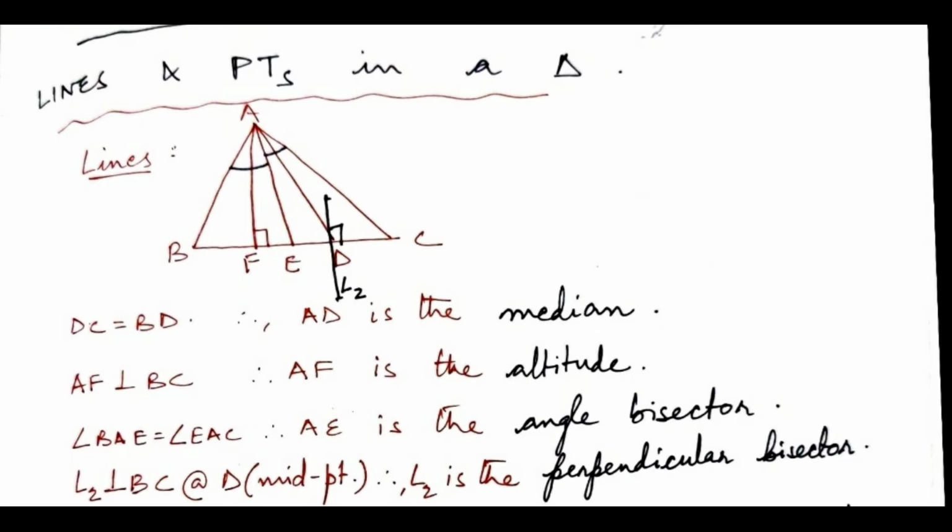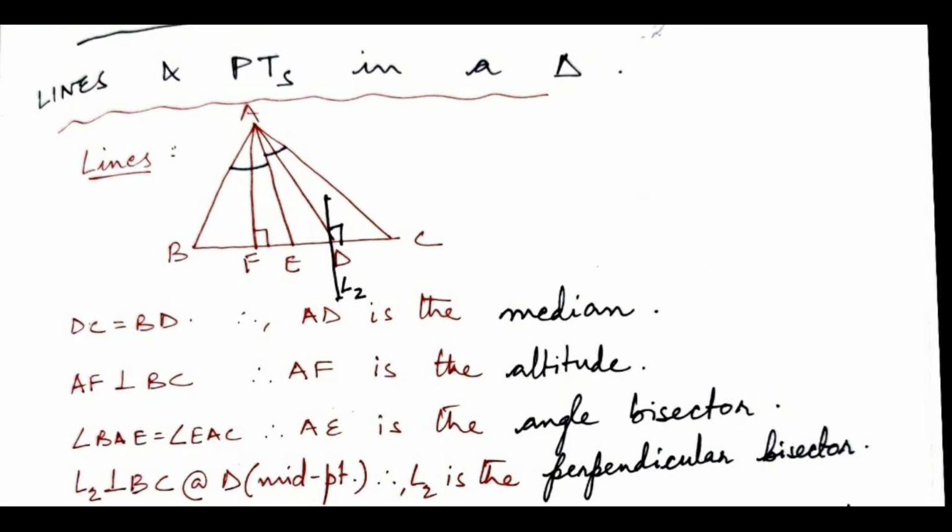The angle bisector will bisect an internal angle of a triangle. It need not pass through the midpoint of the opposite side, need not be perpendicular to it. The perpendicular bisector is the perpendicular line passing through the midpoint of a side. It need not pass through the vertex. This is very important, right?